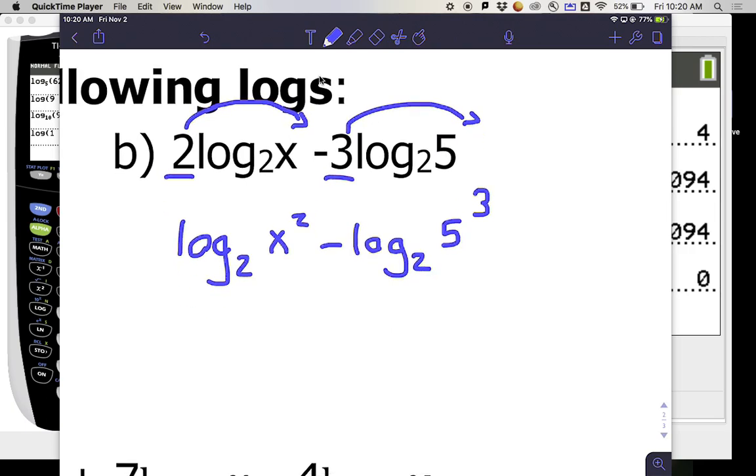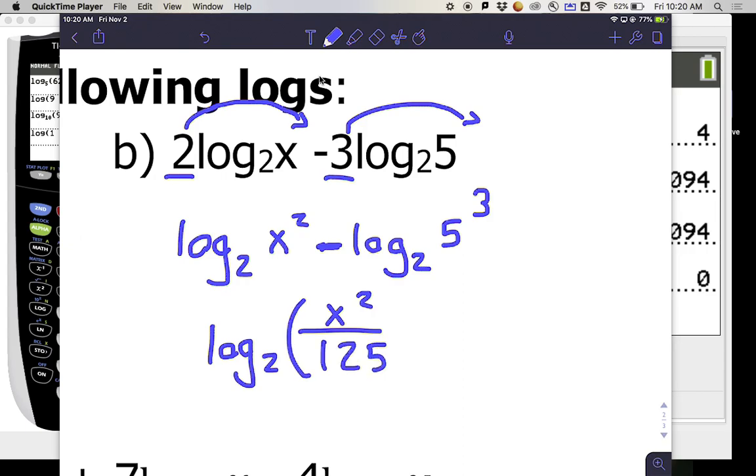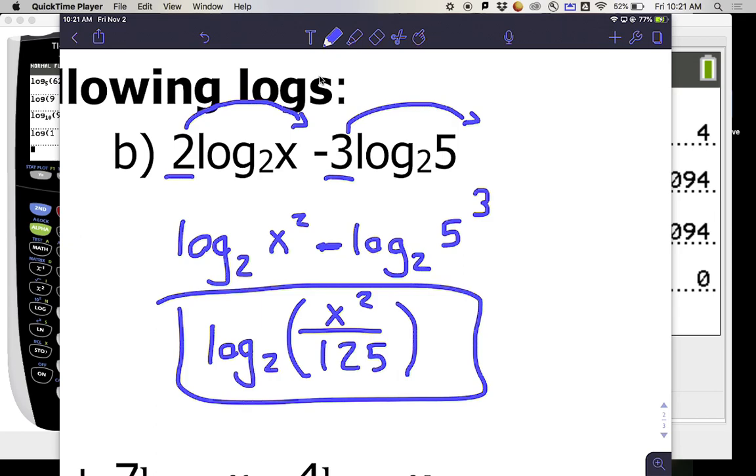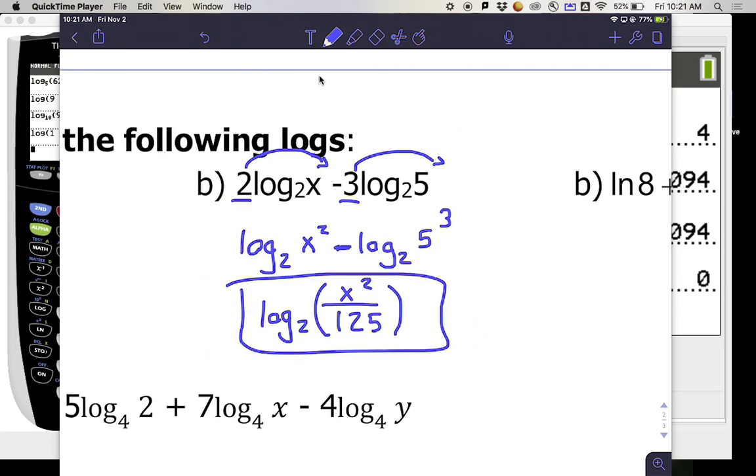And then since it has a minus here, we'll write it as a fraction. Log base 2 of x squared over 5 cubed. And by the way, 5 cubed, we can actually write that as 125, since that simplifies. And then these technically are the same thing. This is your final answer right there.